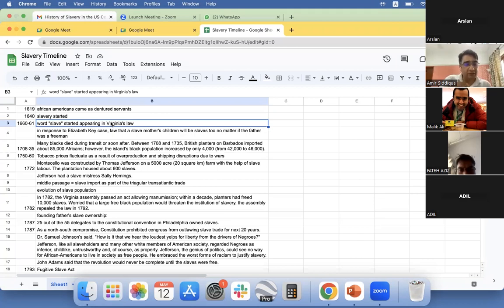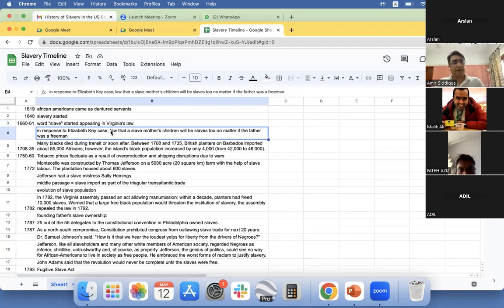So they started using the word slave. The first time it appeared is in the 1660s. So I'm tracing the evolution of this, and there's a couple of things before. There's one important judiciary case that happened in Virginia before the Declaration of Independence.